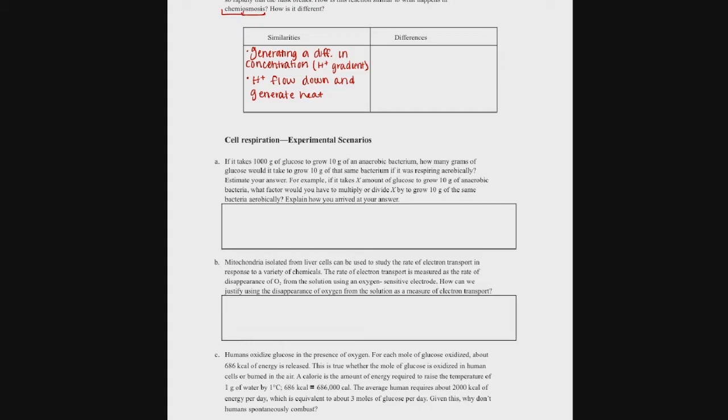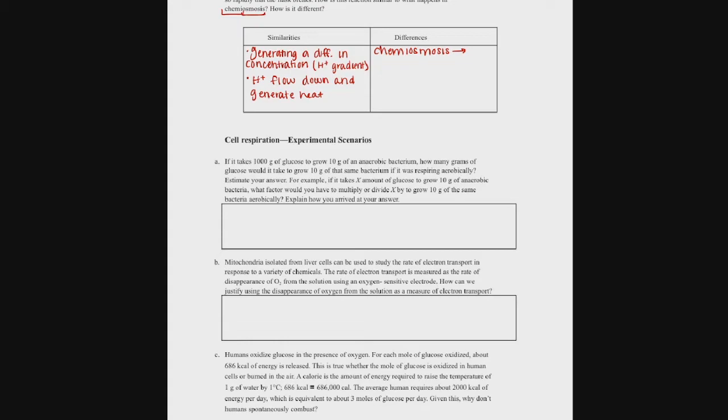And then some differences between the two is that chemiosmosis sets up the H plus ion concentration gradient, but the energy release is controlled as it's moving through the ATP synthase. So it's not just bursting into heat or else we would die.